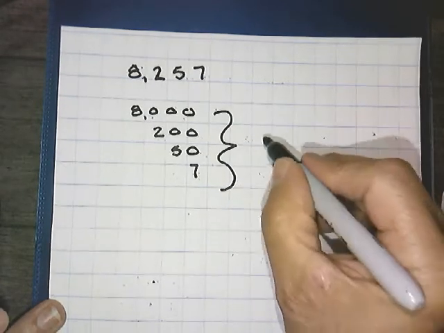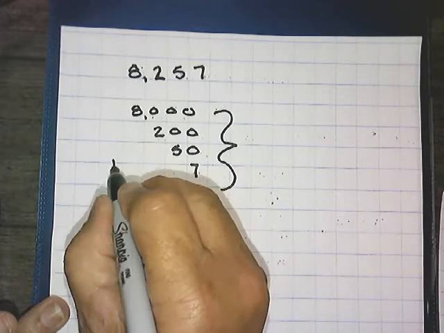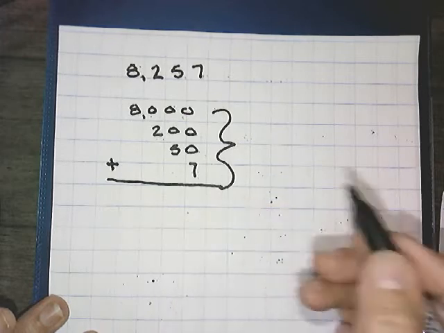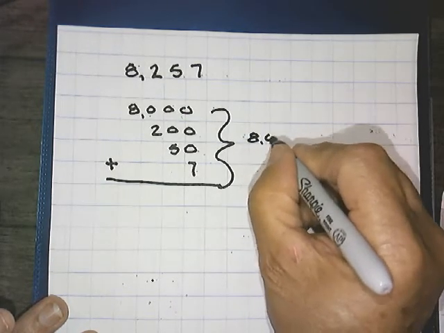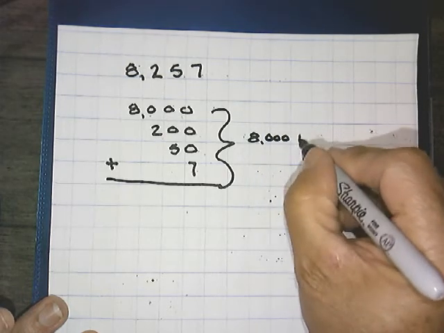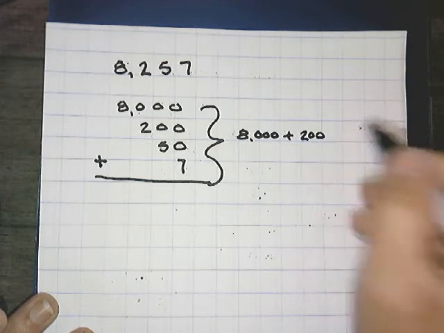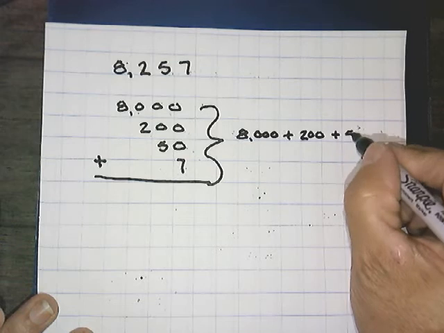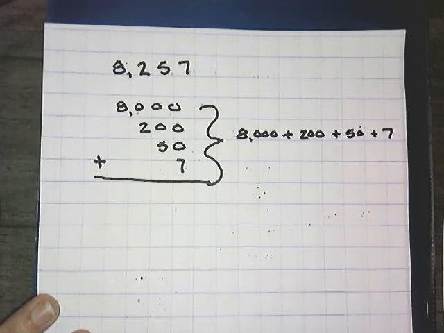But again, remember, you're adding this in expanded form. You would be adding all of those to reconstruct them again. And we would write this typically as 8,000 plus 200 plus 50 plus 7.